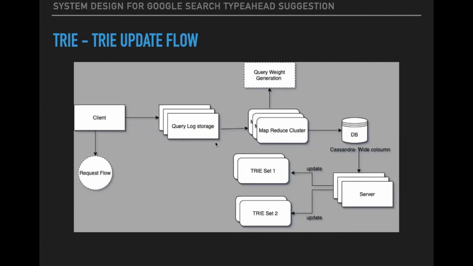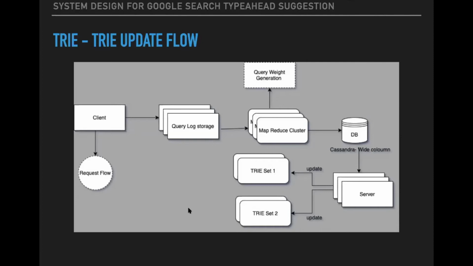Then the reduce job will pick up these buckets, filter out all these similar queries, count them, and produce the result. So at the end of the map and reduce job, you will have the pair of query and the count. I took count just to explain it, but it could be anything.